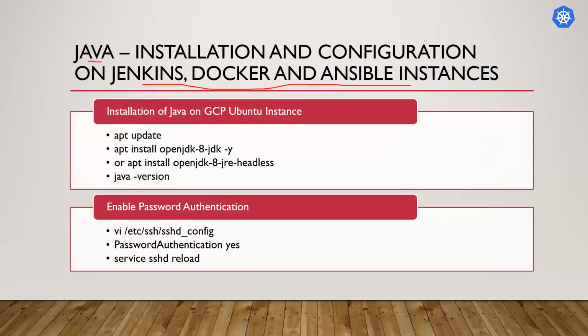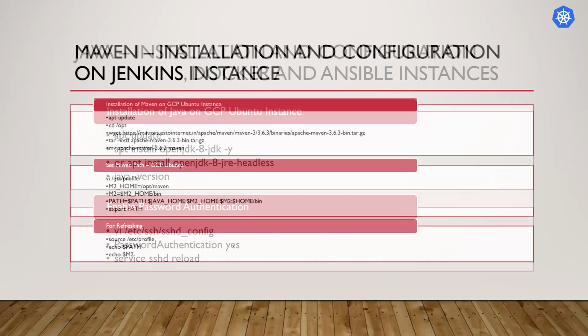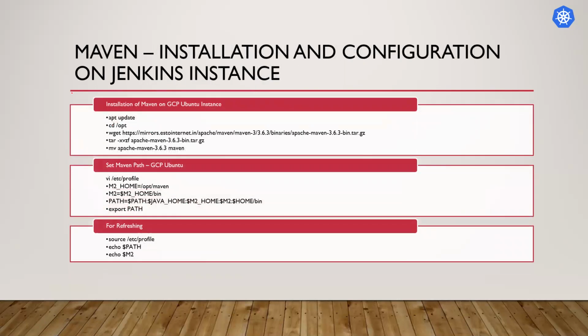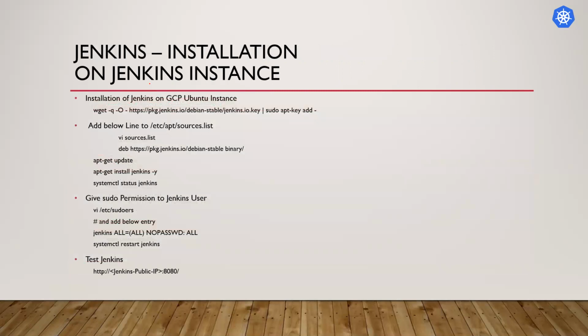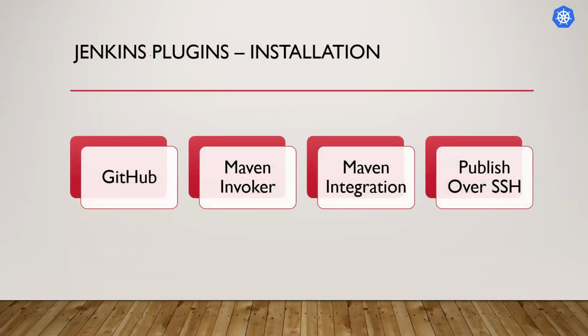We will also enable password authentication by setting it to yes, because by default it is set to no. After that we will install Maven on the Jenkins instance, and this is the second part of the Jenkins installation. And we will install Jenkins plugins, because we will use only 4 plugins. We will not go for the default plugin installation.